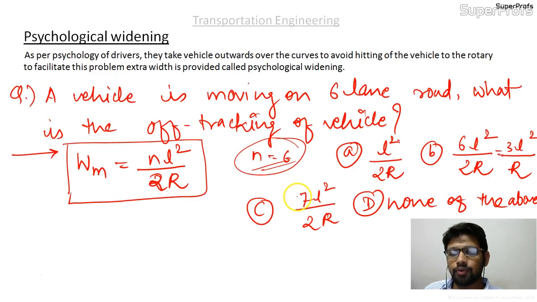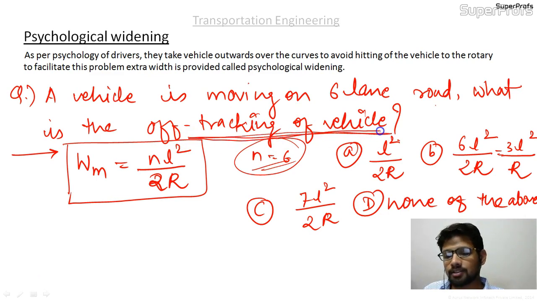The question is not asking what extra widening should be provided on the road, but what the off tracking of the vehicle is, which is irrespective of the number of lanes. So option A is the correct answer, that is L square upon 2R.